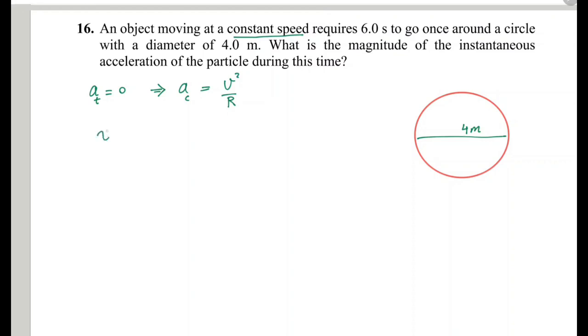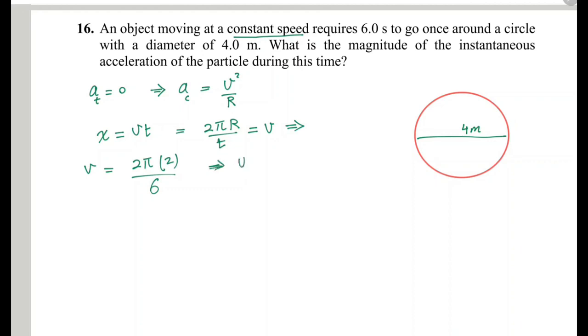Now x here equals vt. Now it moves once around a circle. It means 2 pi r, the circumference of the circle, is x actually, divided by the time. This is equal to v, and in this case v equals 2 pi multiplied by the radius, which is 2, divided by time, which is 6.